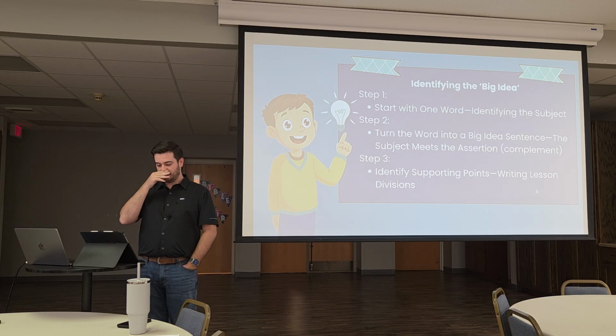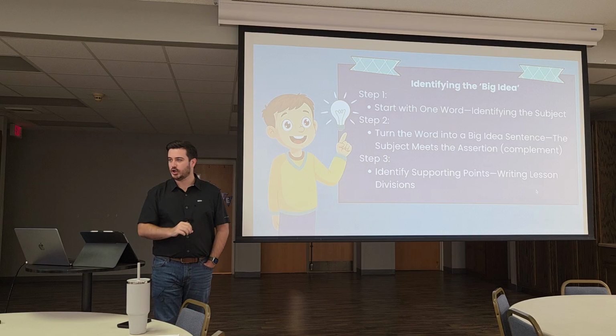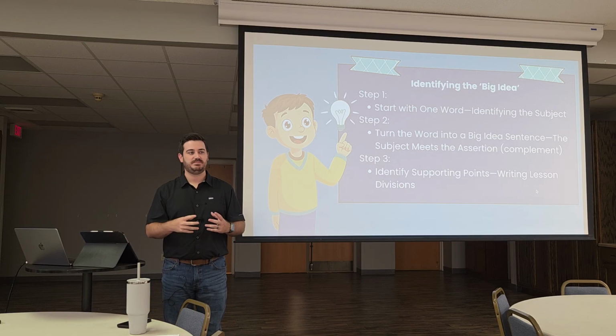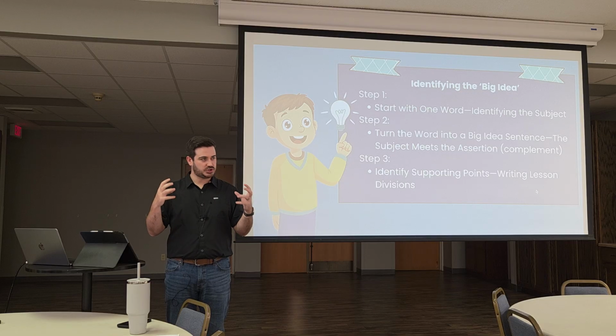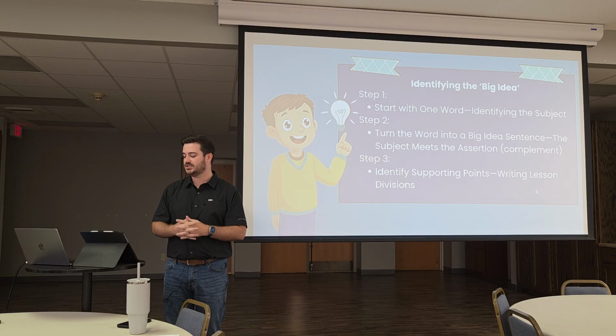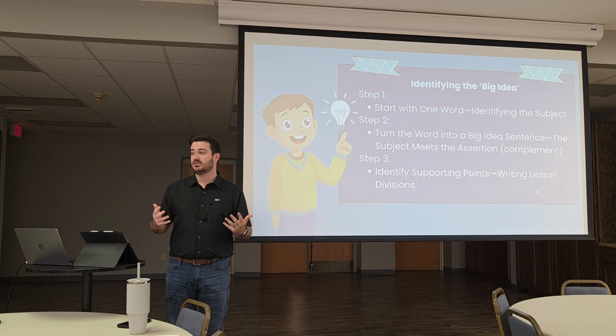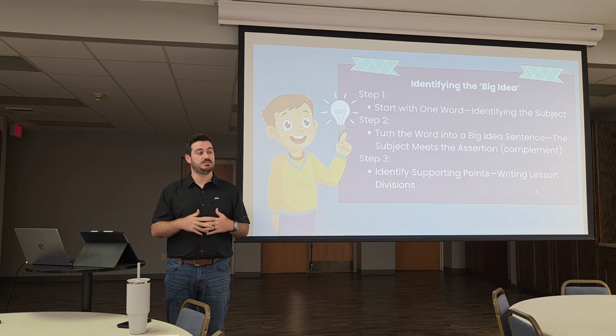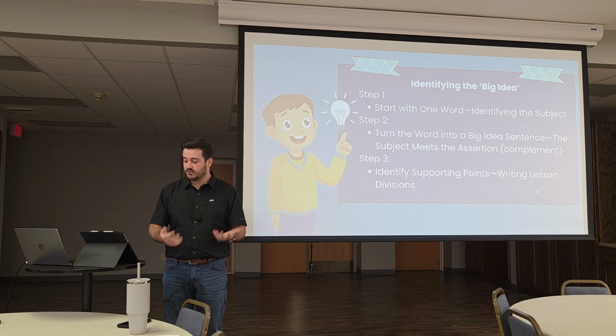So the third step: you have your big word, and you have this sentence that identifies what your lesson is about. But now your lesson is probably going to have some divisions or subpoints, some movement.